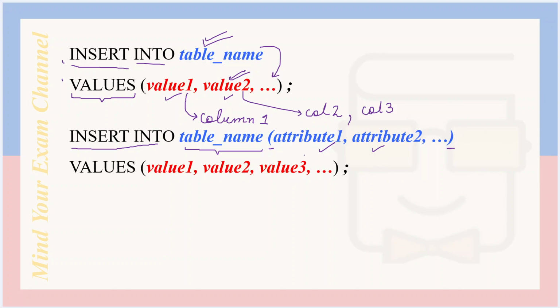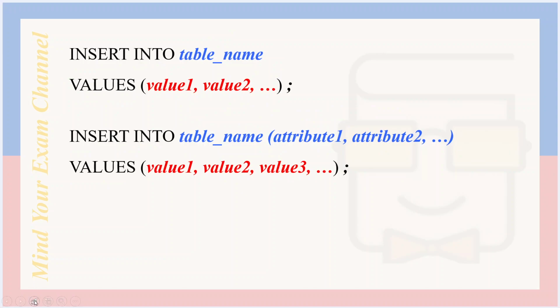In that case, you can specify the list of attributes where you want to insert the values, and then you write the keyword values followed by the values for only those attributes that you have specified in the list above. Say for example, you have specified only 4 attributes out of the 6 attributes present in a table, then only 4 values should be present here.